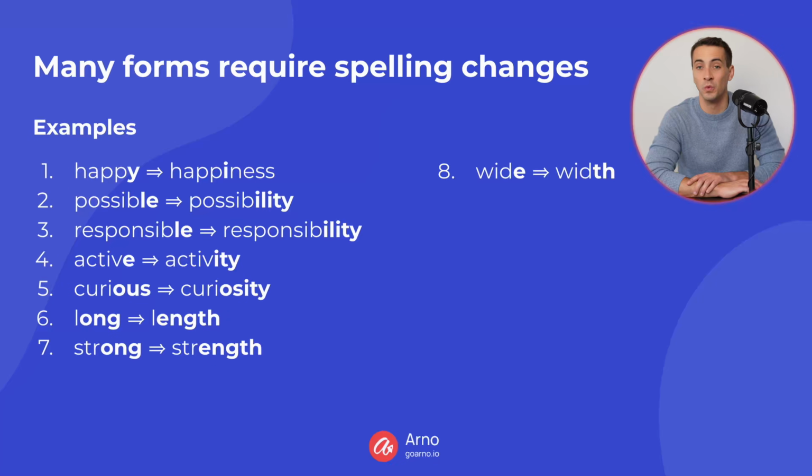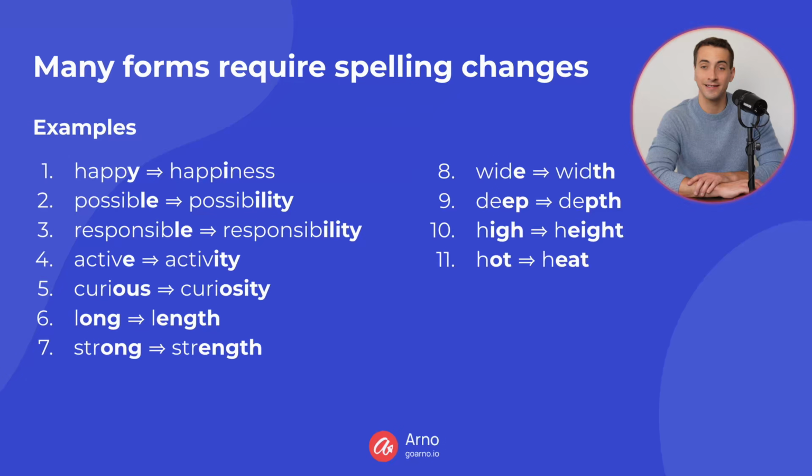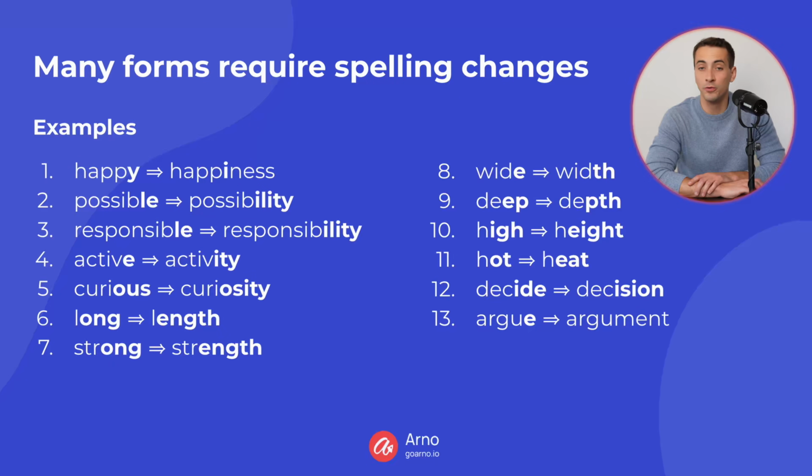Wide becomes width. Deep becomes depth. High becomes height. Hot becomes heat. Decide becomes decision. And argue becomes argument. We lose the E. So these 13 here are the most common words that have spelling changes with word forms. However, there are many others, but this is a good list to start with to learn.